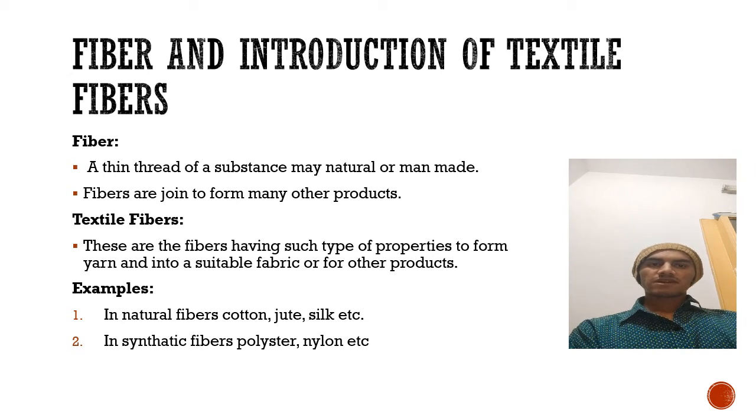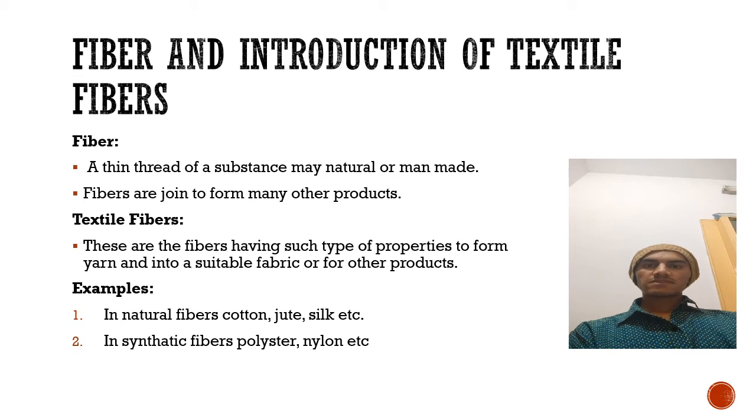Textile fibers are of two types, which are natural fibers and synthetic fibers. The natural fibers are the fibers that we gain from different resources, such as plants, animals, and minerals.